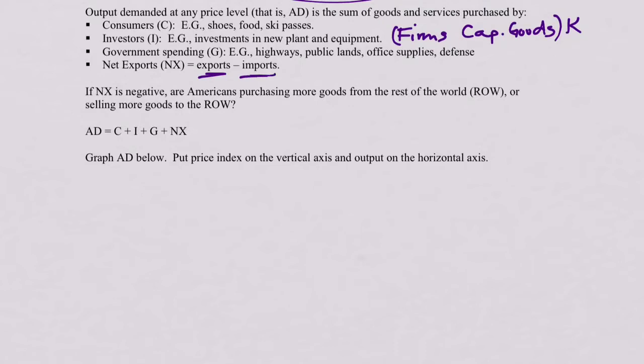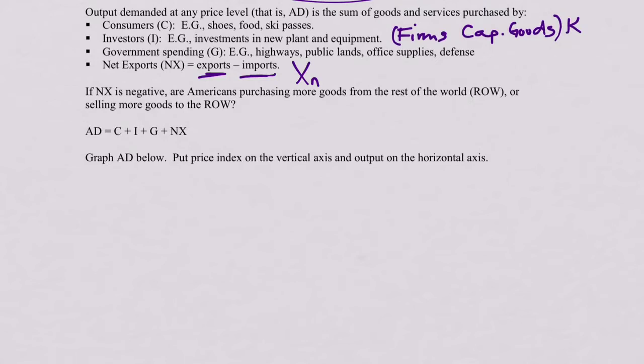So we use NX. Sometimes I think we do X sub N for net exports as well, depending on the textbook you're using. If net exports is negative, are Americans purchasing more goods from the rest of the world or selling more goods?